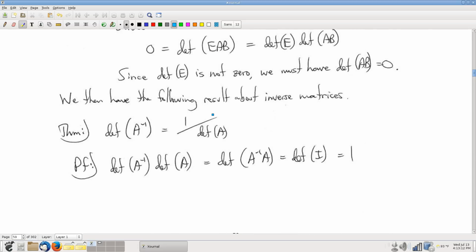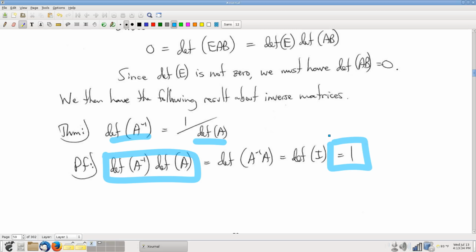Okay. First, we get to a corollary of this, and that is that the determinant of an inverse matrix is the reciprocal of the determinant of the original matrix. And this is an easy proof to do. If you want to show that two things are reciprocals of each other, you multiply them and show that the product is equal to 1. Easy way to show that two numbers are reciprocals of each other.